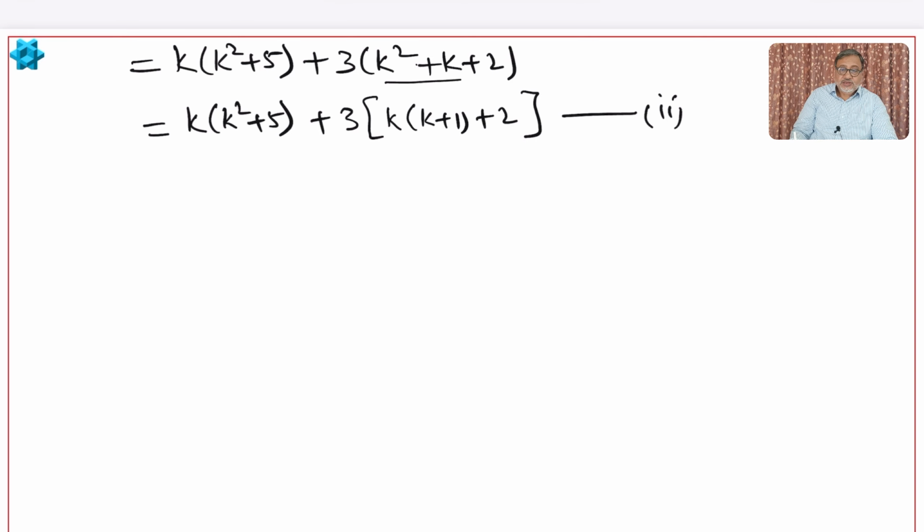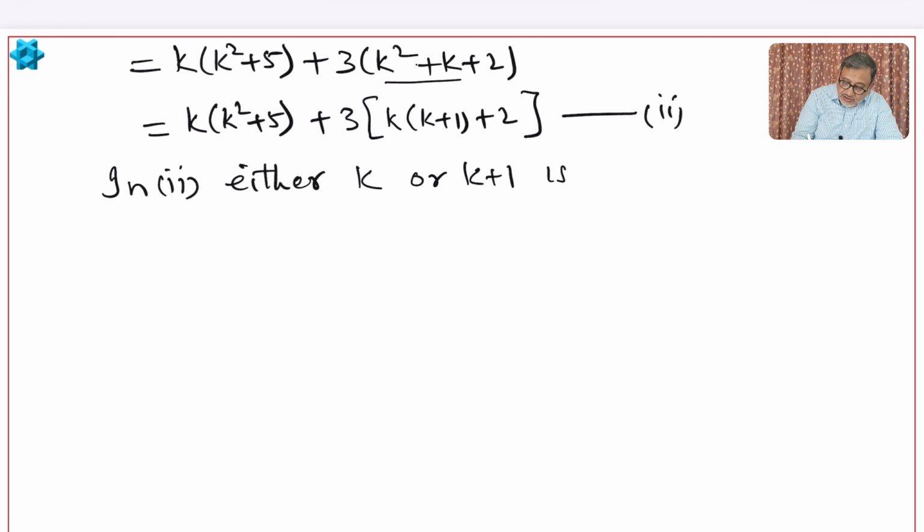Okay, since either k or k+1 is even, we are talking about which one? About this: k or k+1 will be even, right, here.